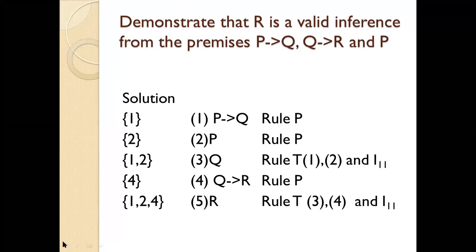Identity 11 says that P comma P implies Q will give you Q. This is identity number 11.